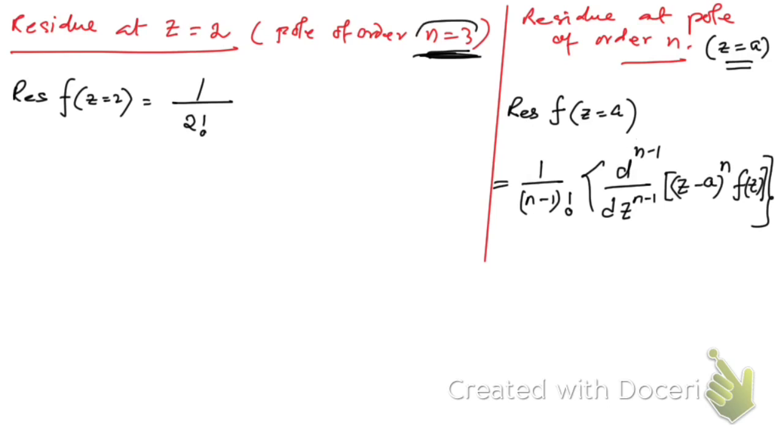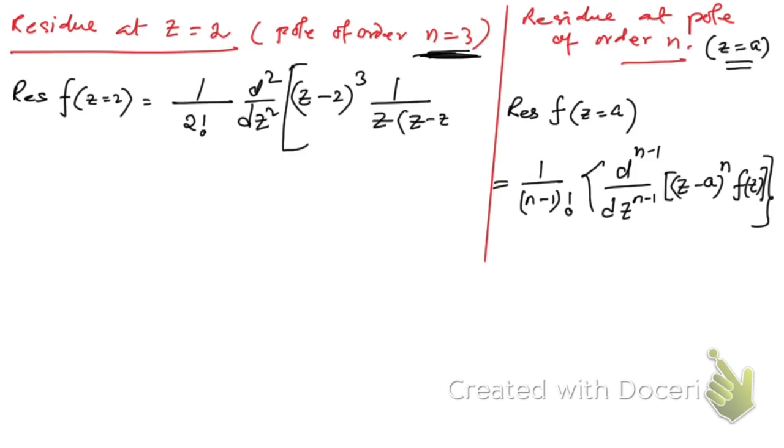Here the order is 3, so we have to take the second order derivative with respect to z of (z minus 2) cube, then f of z, which is 1 by z into (z minus 2) cube, right?